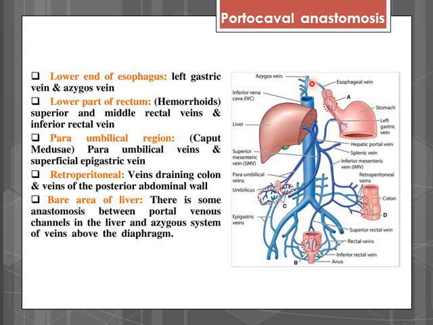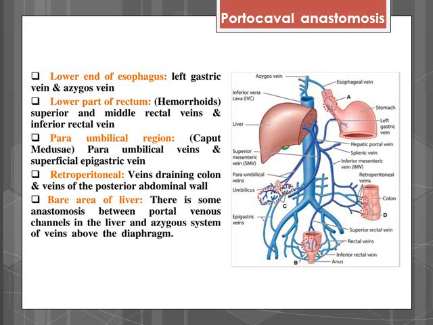Through the azygous vein, the blood passes into the superior vena cava and directly to the heart. But through the gastric veins, the blood passes to the hepatic portal vein, traverses the liver, then back to the heart. So at the lower end of the esophagus, there is a collateral or portocaval anastomosis between the left gastric vein and the azygous vein.